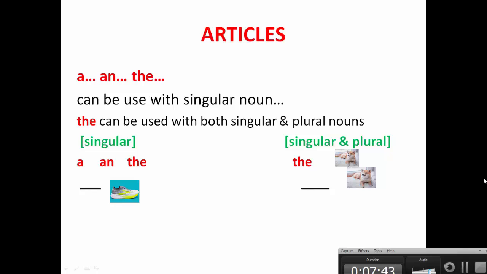Singular, a shoe. The shoe. Singular and plural. The dogs. And of course, the shoe.